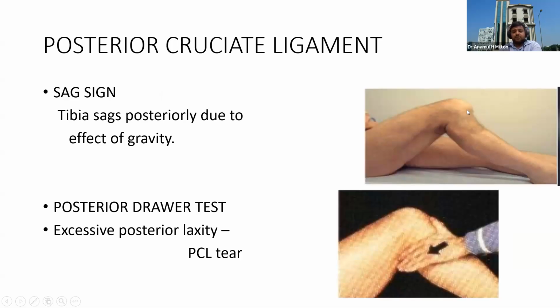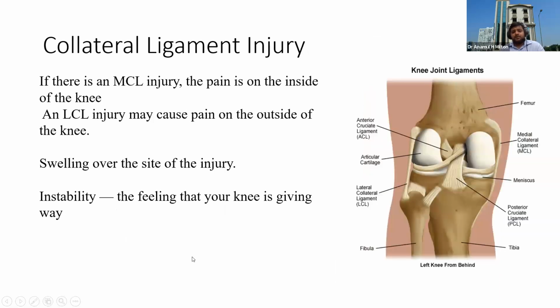This is because here the ACL connects like there and the PCL like there. Okay, so this tibial sagging is due to the posterior cruciate ligament. So due to the posterior cruciate ligament, and if the posterior drawer test is also positive, that is also considered a PCL tear.